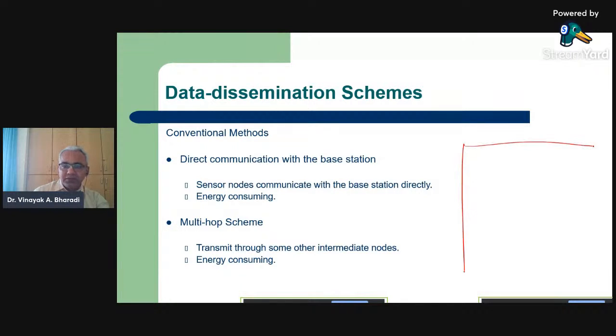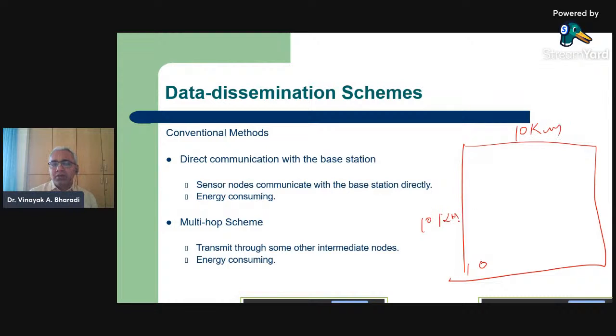What happens? We are seeing this Duck Island network, where on a very big area of 20 square kilometers, these nodes are there. Suppose this is almost 10 kilometers by 10 kilometers, not meters, and suppose at 3 kilometers you have your central edge device. A node does not have a communication range of 3 kilometers; it can communicate a maximum of 1 kilometer.